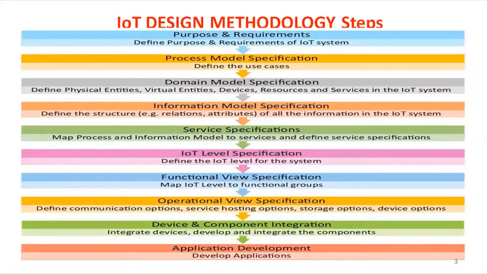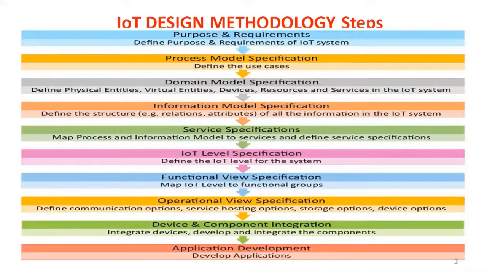That means in which case you are doing that. That is the purpose. Coming to the requirements, there may be different requirements: the hardware requirement, the software requirement. For designing any IoT system, what are the device requirements? You have to gather all these requirements here.